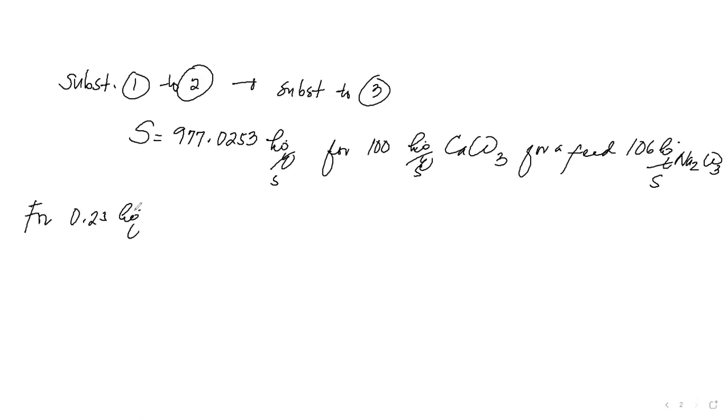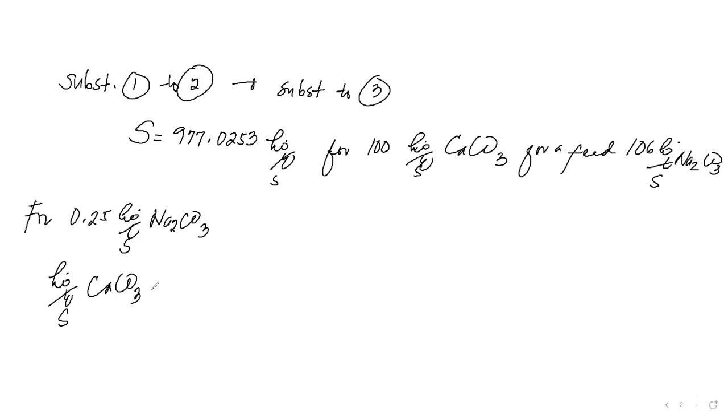So now considering the actual 0.25 kilograms per second of sodium carbonate, you need to account for the corresponding amount of calcium carbonate that will be produced. How much calcium carbonate will be produced for using only 0.25 kilograms per second sodium carbonate, because this one used 106 kilograms per second sodium carbonate to produce this much of calcium carbonate, which is 100 kilograms per second.